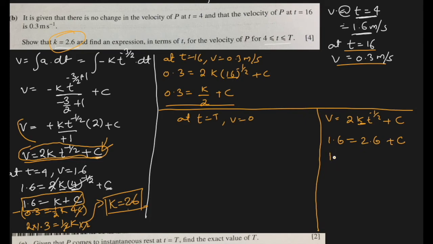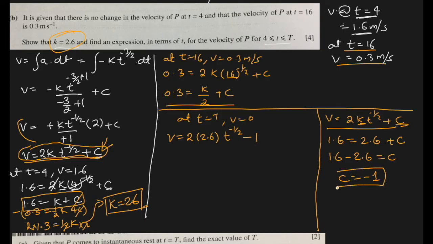So 1.6 minus 2.6 equal to c. So c is minus 1. Got it. This equation now becomes v equal to 2.6 t to the power minus half minus 1, because c is minus 1 and I replaced it.